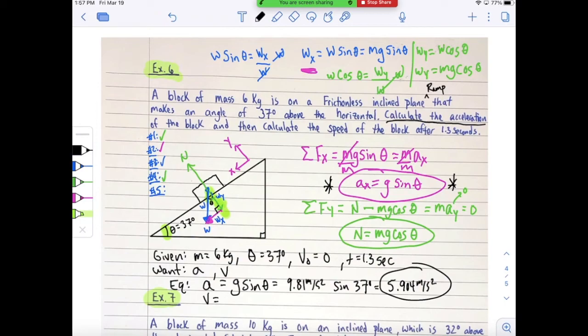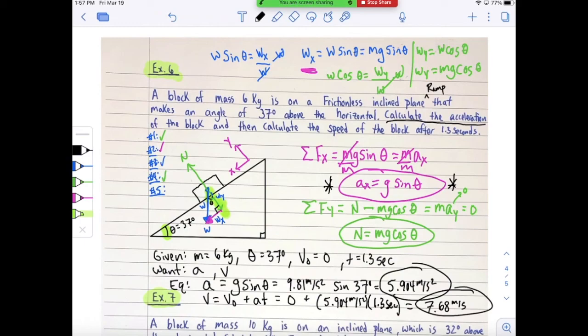And we're going to use v equals v0 plus at. So v0 in this case is 0 plus the acceleration we just found, 5.904 meters per second squared, times time, which is 1.3 seconds. And when you crunch that one, you should get a velocity of 7.68 meters per second.